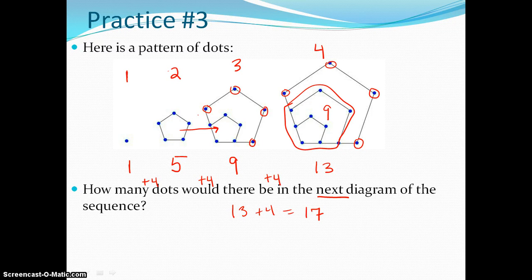Alright, and really quick I'm going to address one of those other ones here. If I have a sequence that goes 2, 5, 10, 17, 26, notice that we have a plus 3, then plus 5, plus 7, and plus 9. So there is a pattern. It's not constant.